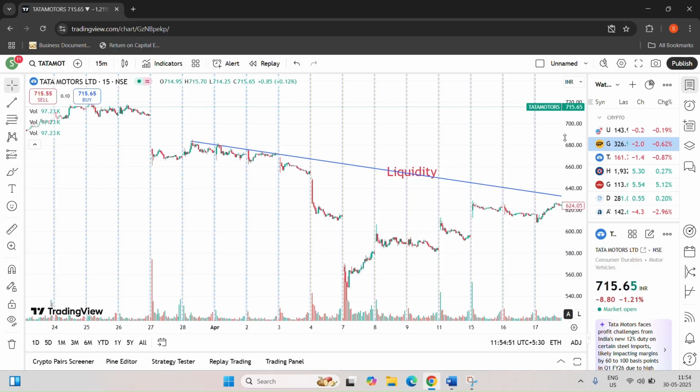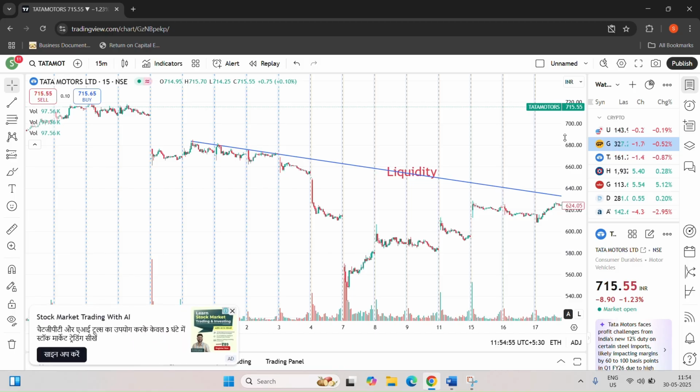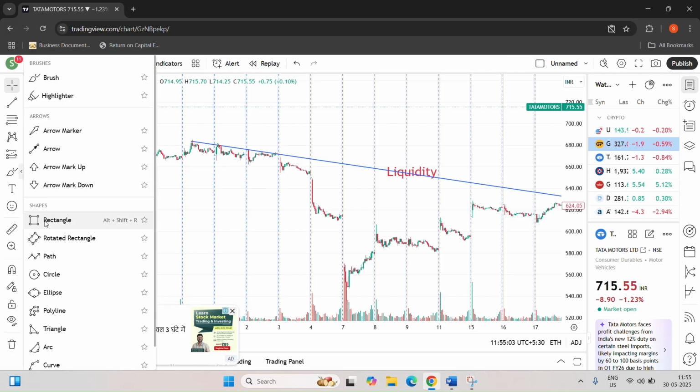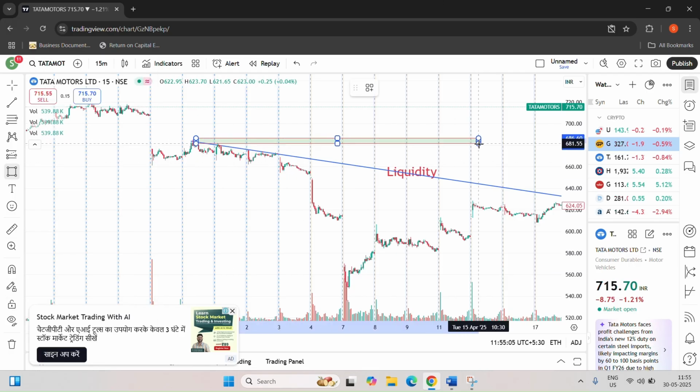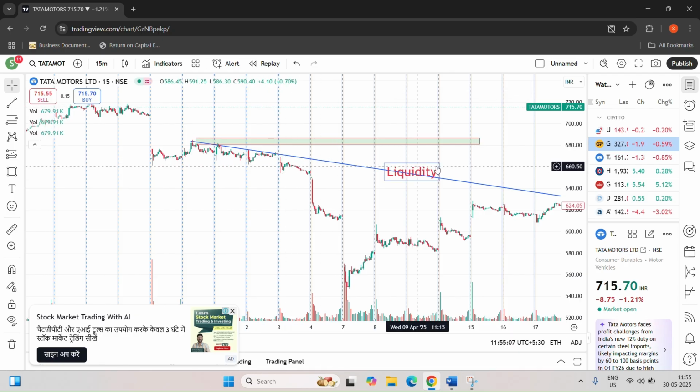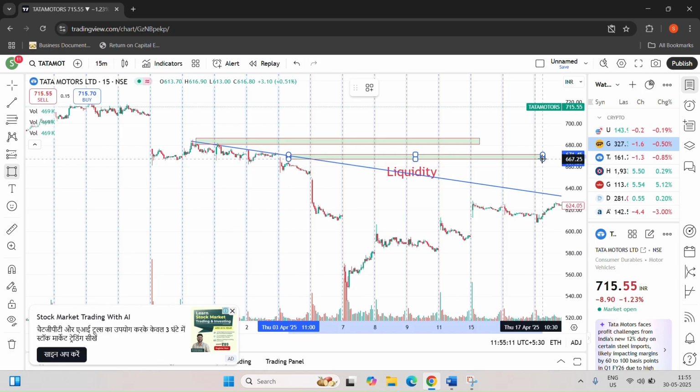But how will you know whether this is high probability or not? Here you have to use the liquidity concept. You have to see if there are SLs available on the higher side, at all these swing highs.